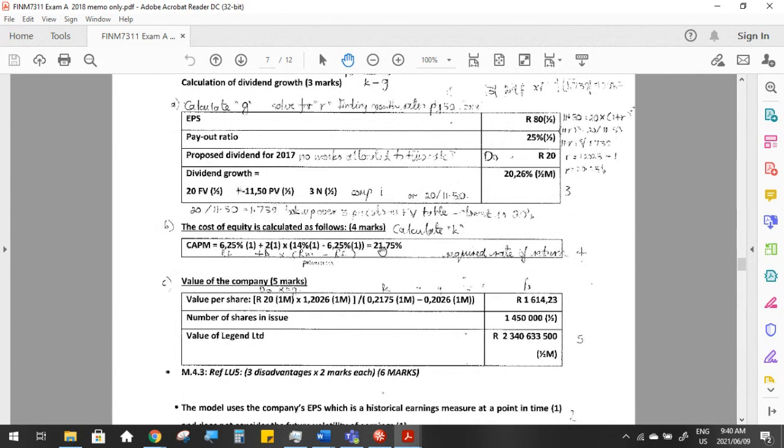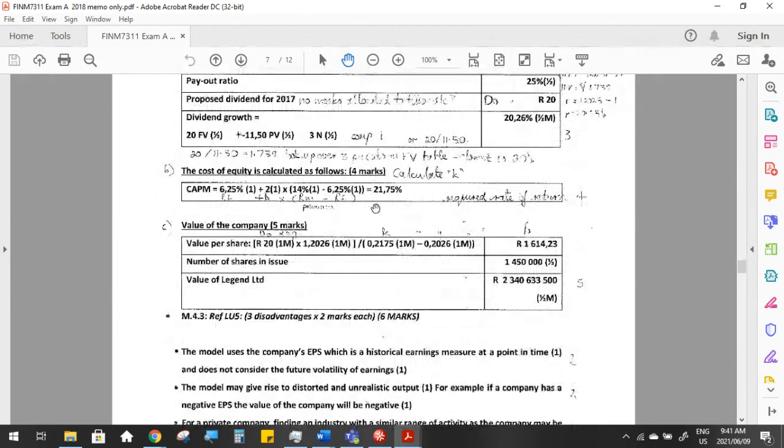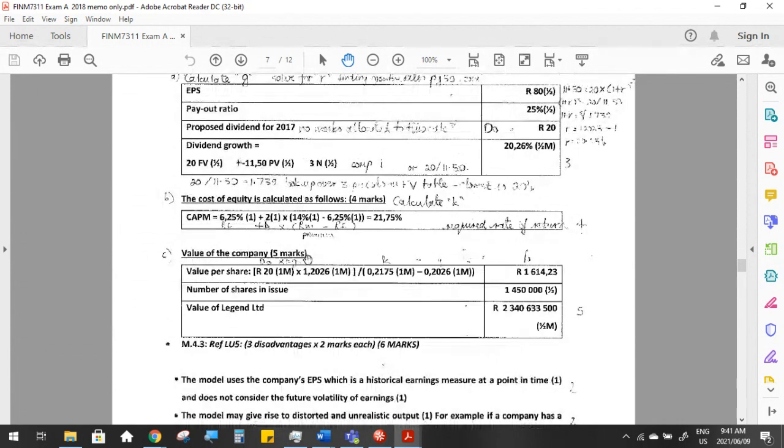So we can use our CAPM formula because they've given us RF and RM. So RF, they gave us that, plus 2 is the beta we've calculated, multiplied by RM minus RF. So the required rate of return of the company is 21.75. So we could then calculate the value of the company. So the value of the share is then going to be D0, which is 20, multiplied by the growth rate, which is 20.26, so that I can calculate D1.